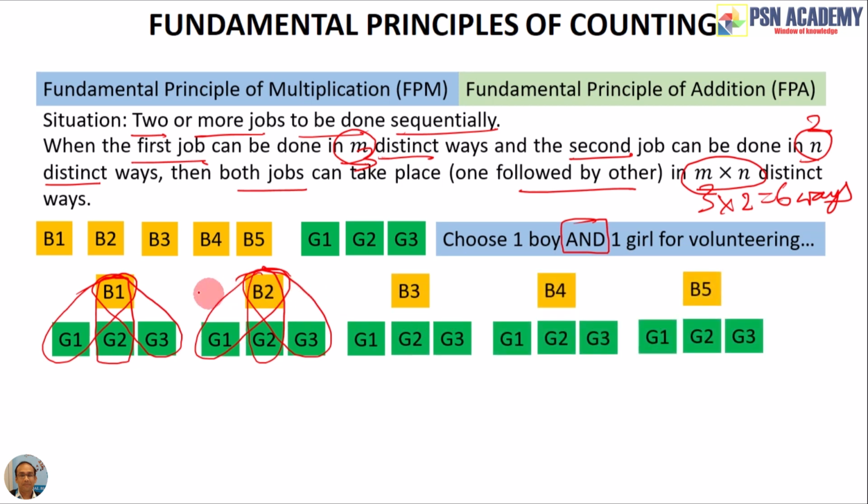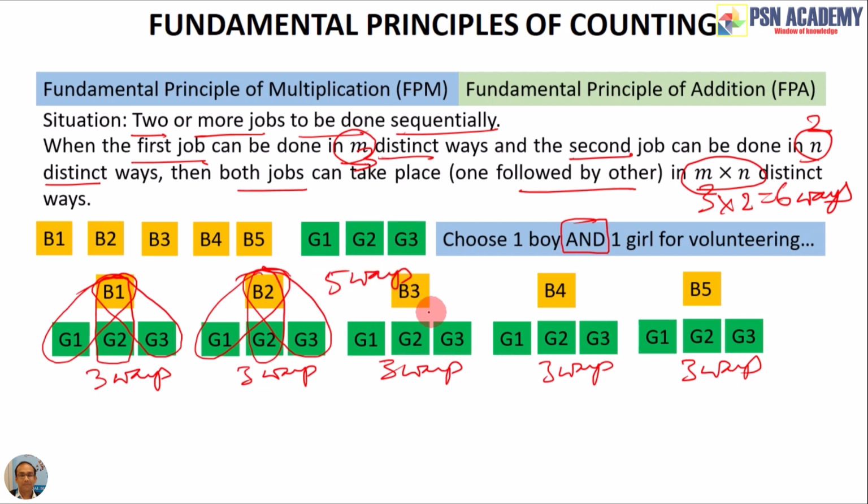So each time a boy is selected, we can have one of the girls from this group with that boy, isn't it? So starting from the downward, we have 3 ways to select the girls. So here also 3 ways, and here also 3 ways. And we can have 5 ways to select the boys.